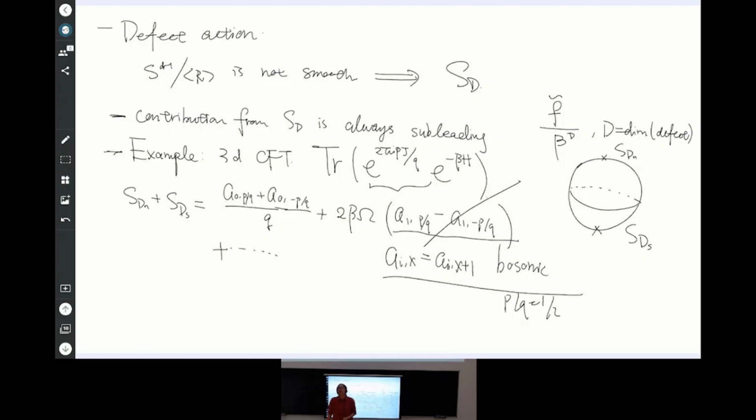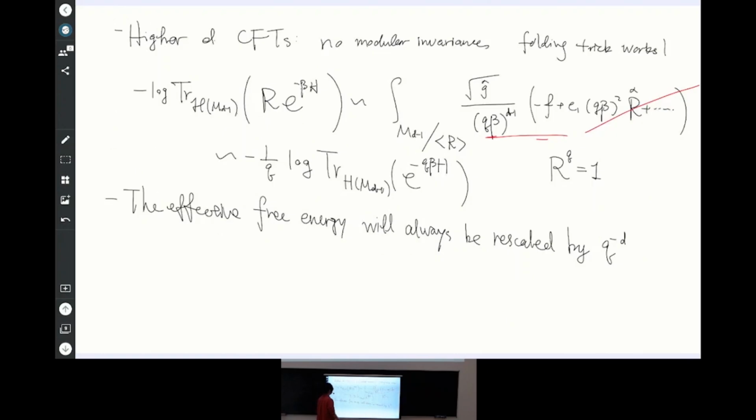Sorry, in the previous slide, I think you mentioned some general result in terms of the free energy. Is there a simple interpretation of this result in terms of the spectrum of operators of different spins? For example, if I take R to be just some simple rotation. Right. So if you take R to be (-1)^j, then you will be counting the differences between even spin operators and odd spin operators.